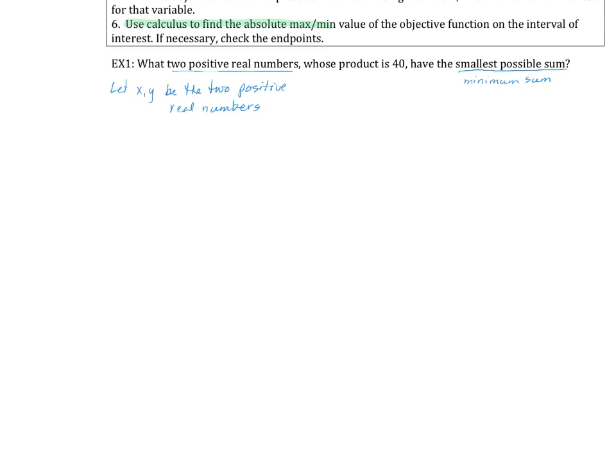I'm going to add these two numbers up and get a smallest sum. So I'm going to let S stand for sum. So I can write S equal to the sum of x plus y. Right, so this is my objective function. This is what I want to minimize.